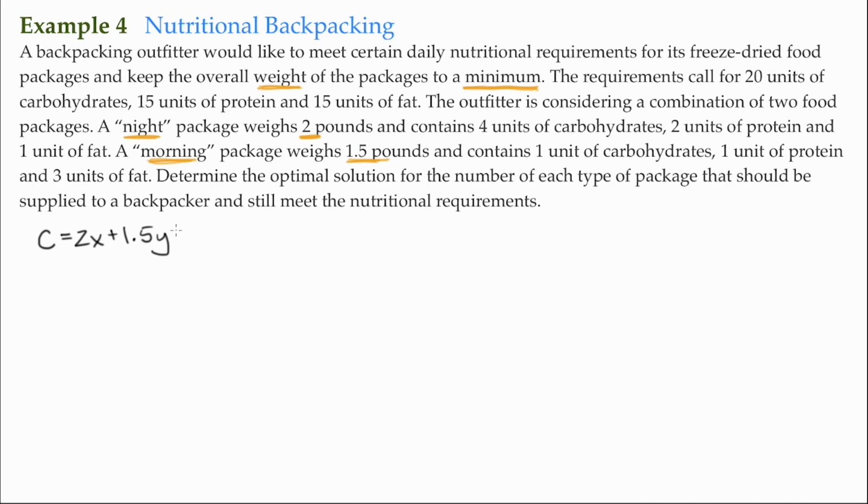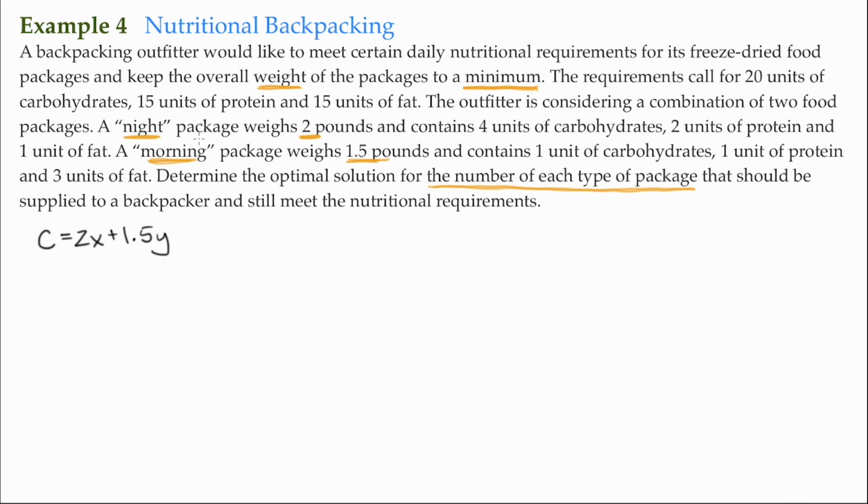So now that we have that, the next step is we'll go ahead and build our table. We could see right here, determine the optimal solution for the number of each type of package. The packages again are the night and the morning, so those are going to be our variables. And we know that the variables go across the top of our table. They're going to create columns.